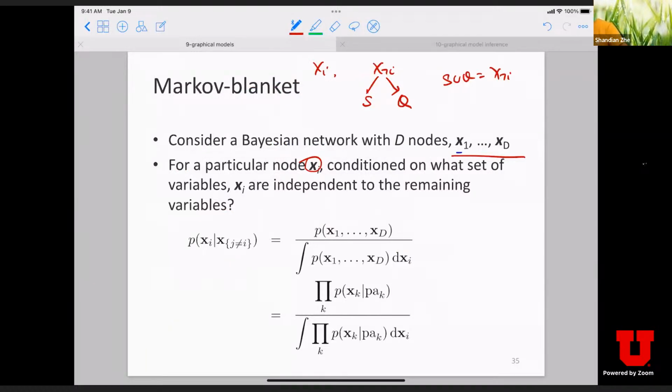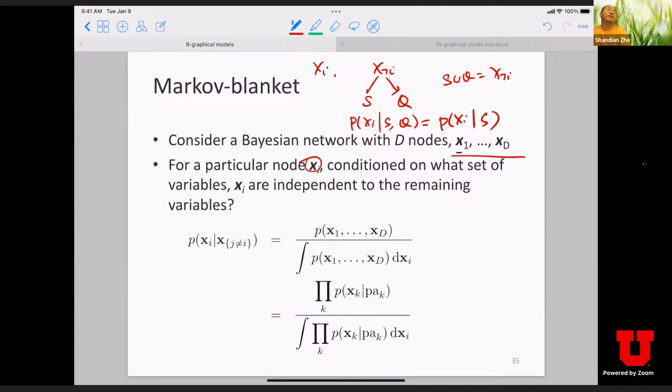So I want to ask, conditional on what set of random variables S, xi is independent of Q. So basically it means this holds. And this S is called a Markov blanket. Does it make sense?